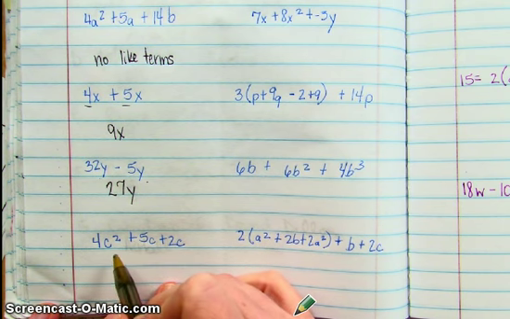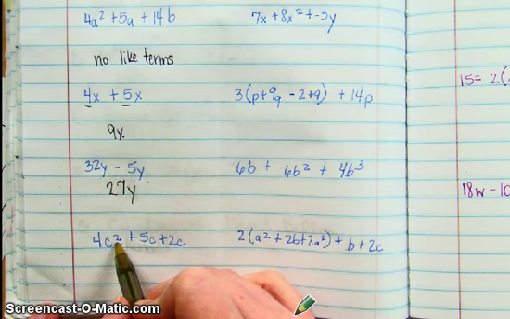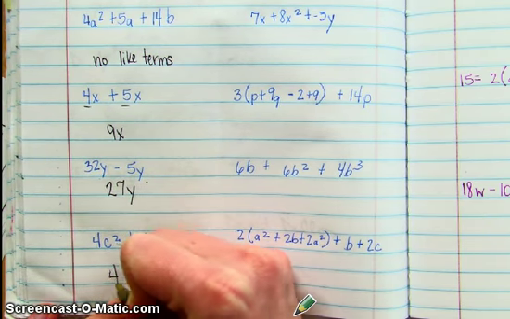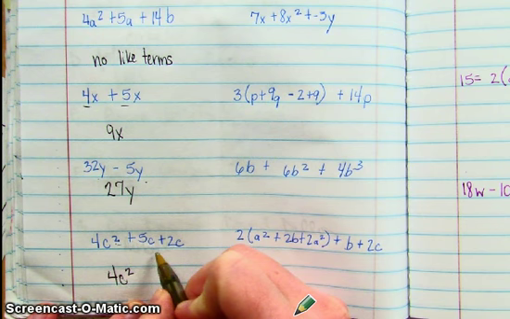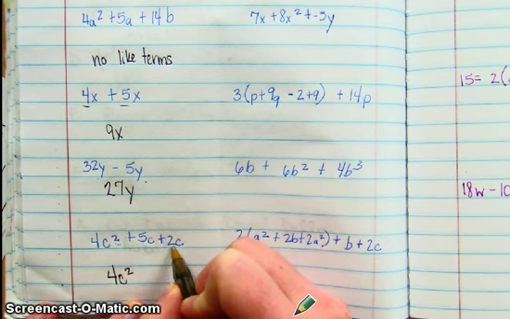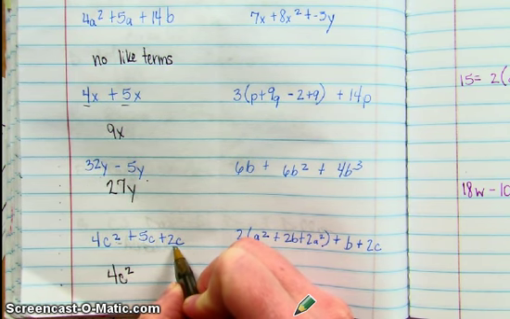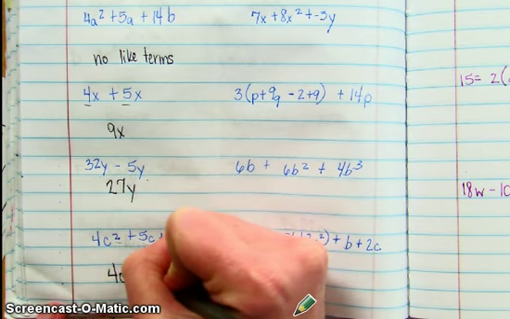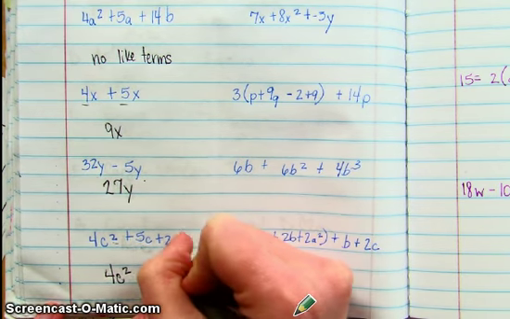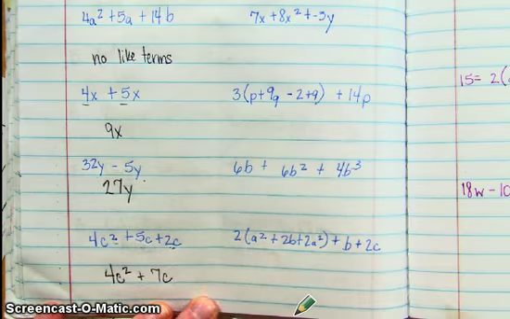They have the same variable, but that variable does not have the same exponent there. It has that 2. So I'm just going to rewrite 4c to the second here plus 5c plus 2c. Those two have the exact same variable with the exact same exponent, so they are like terms. I can combine them. So 5c plus 2c is 7c.